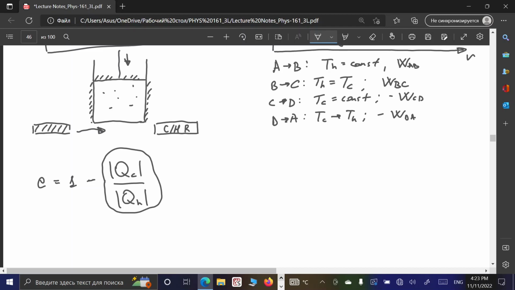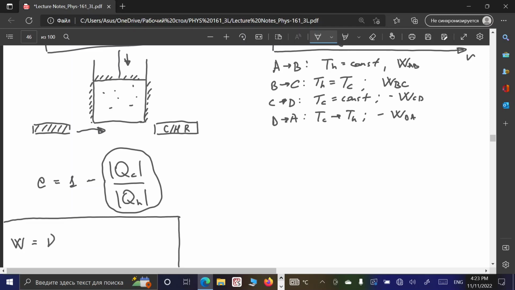So for that we need to consider all steps, and we need to recall that a few lectures before we derived an equation which gives us the work done on the system from the external environment during an isothermal process.